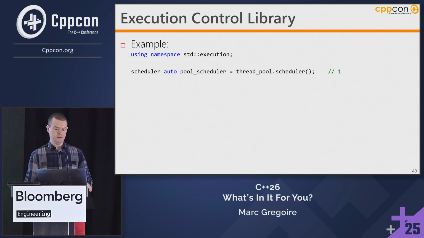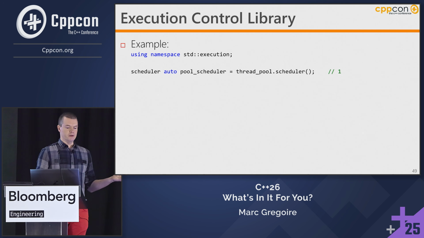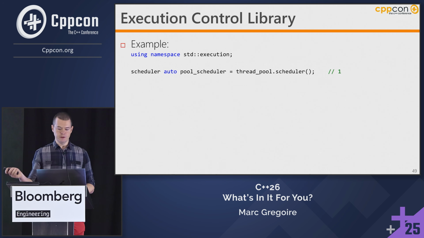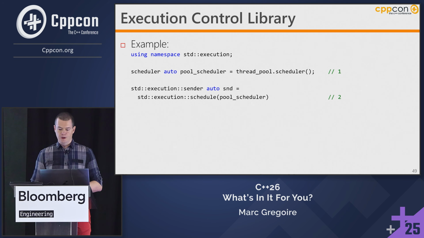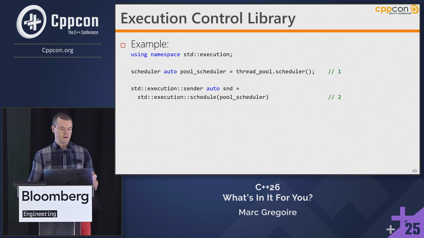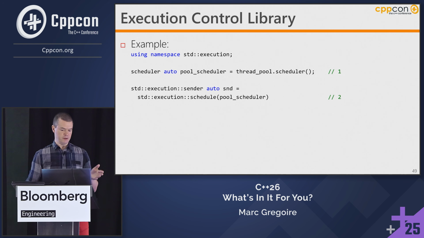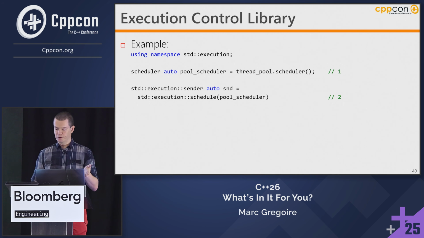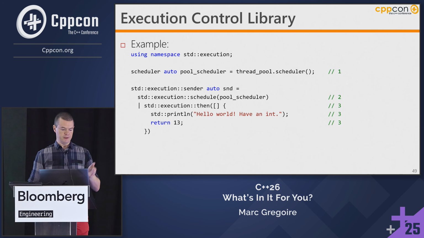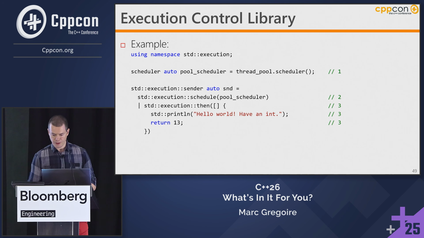Let's look at an example. So the first thing you need is a scheduler. It all starts with a scheduler. So here we just use a thread pool scheduler. Work on a scheduler is started by calling this schedule method, which returns a sender on the scheduler. And then we can add work to this using the then sender adapter.